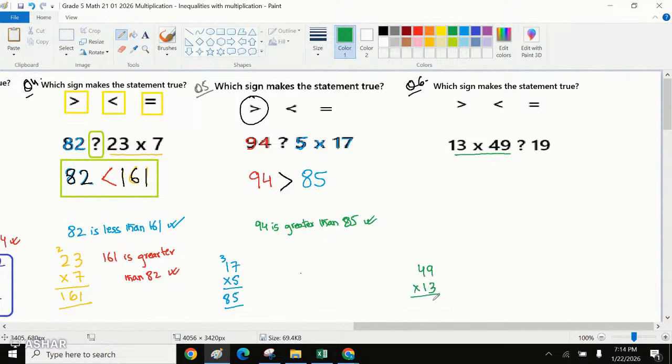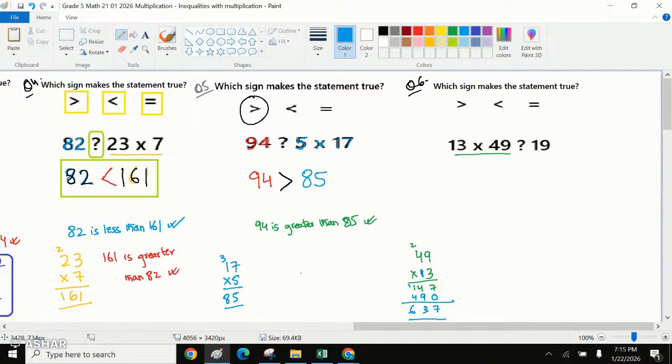3 times 9 is 27. We carry the 2. 3 times 4 is 12. This is 14. When we do with the units, we put a 0. 1 times 9 is 9. 1 times 4 is 4. When we add them together, this comes out to be 7, 3, and 6, right? 637.